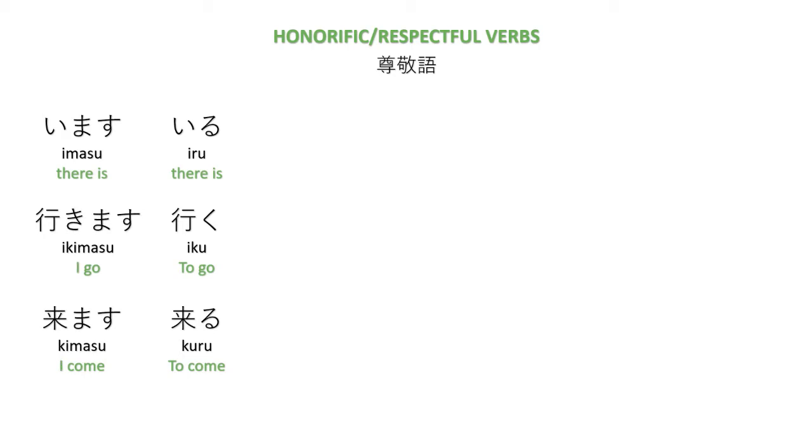So here, as we have learned in the previous lessons, we have the dictionary form or the casual form. So we have iru, iku, kuru, and their polite counterparts, imasu, ikimasu, kimasu. So these are the basic levels of speech, the casual and the polite.